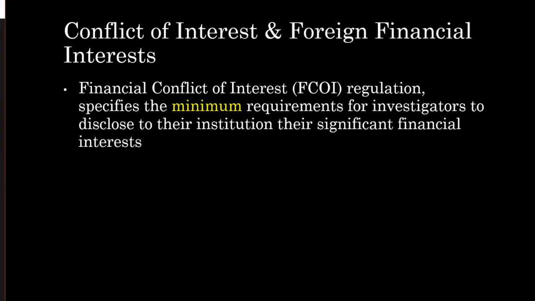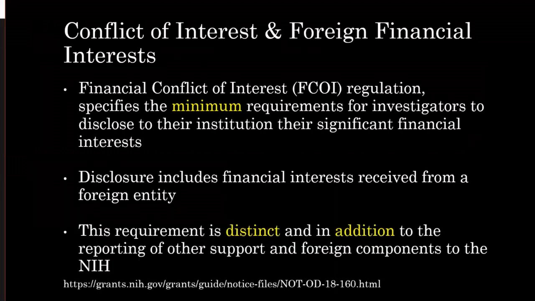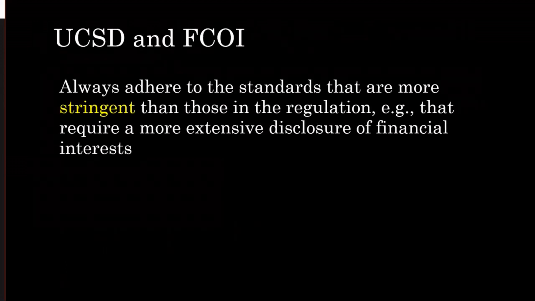Conflict of interest and foreign financial interests are also part of the disclosure that has to happen in regard to foreign components. The financial conflict of interest regulation specifies the minimum requirements for investigators to disclose to their institution their significant financial interests. So this is on your FCOI. Disclosure includes financial interest received from a foreign entity.